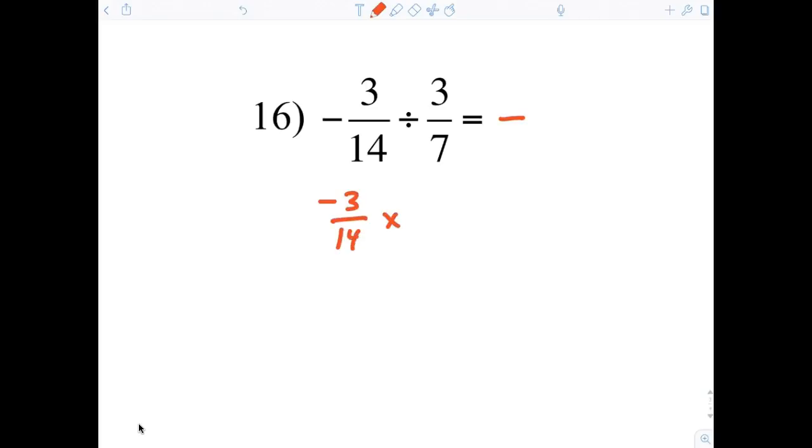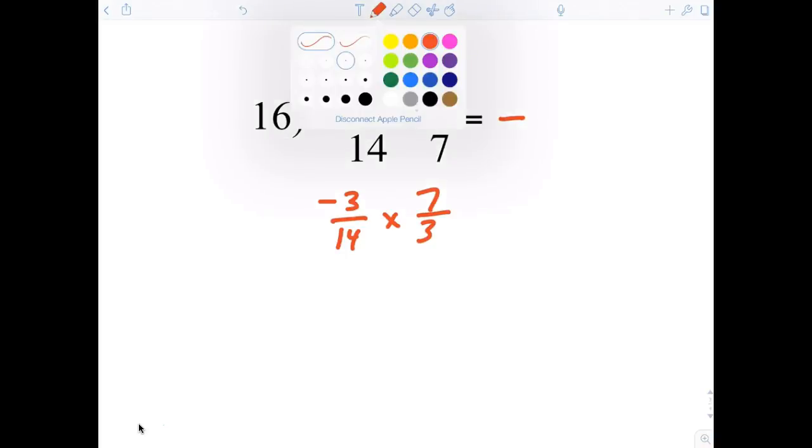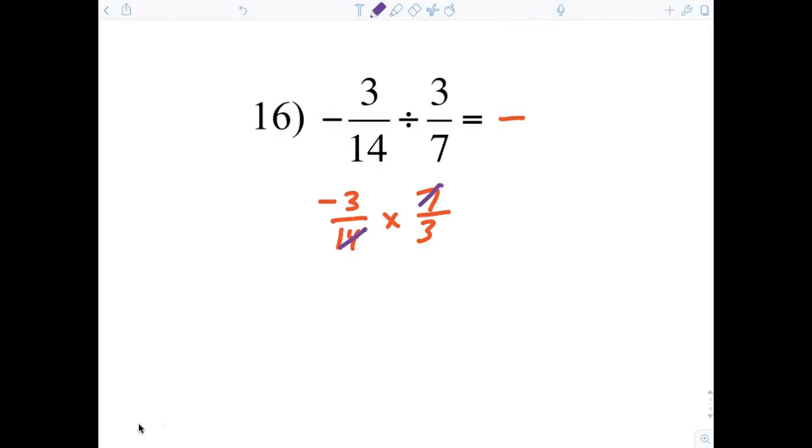Times what? What's the reciprocal? 7 over 3. Beautiful work. Now what can I reduce? 14 and 7. Yep. What is that? 1 and 2. Beautiful. And then? Yep. So my final answer is? Yes, -1/2.